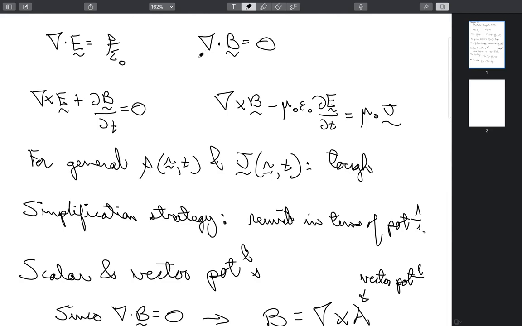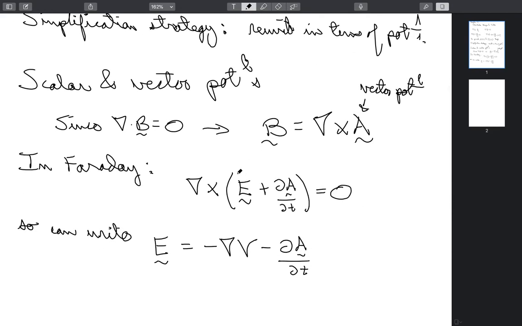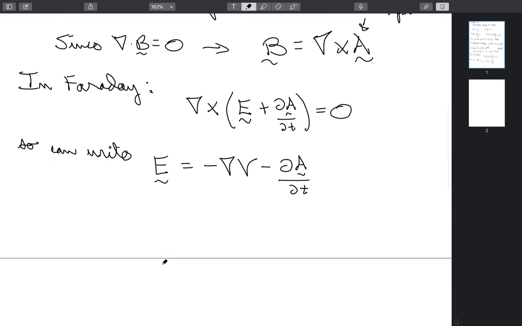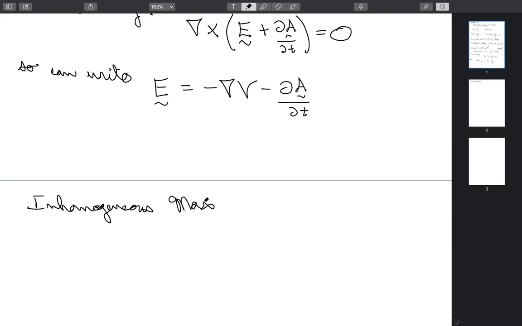That these two equations here, so Faraday and then also this no-name equation, are automatically fulfilled just by choosing this representation for the magnetic field and for the electric field. Okay, so now our job consists in looking at the inhomogeneous Maxwell equations.